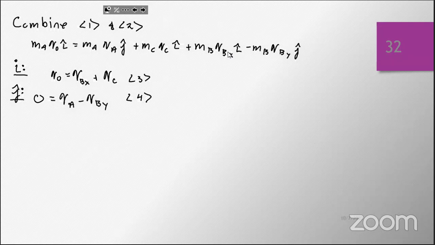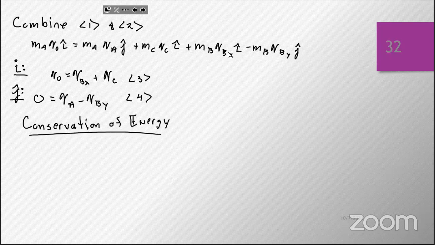Well, there's two places. The first one is conservation of energy. There's no non-conservative forces acting here. Conservation of energy tells me that T1 plus V1 is equal to T2 plus V2. Well, what do I know?